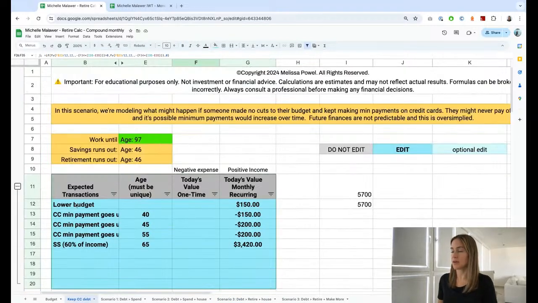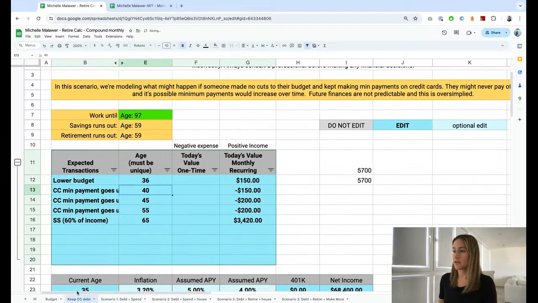So imagine in this scenario, if you lower your budget at 36, this person is 35, it changes your savings lasting by 10 years. $150 a month, invested or earning some sort of interest. And if we could get that to 300, their savings never runs out.